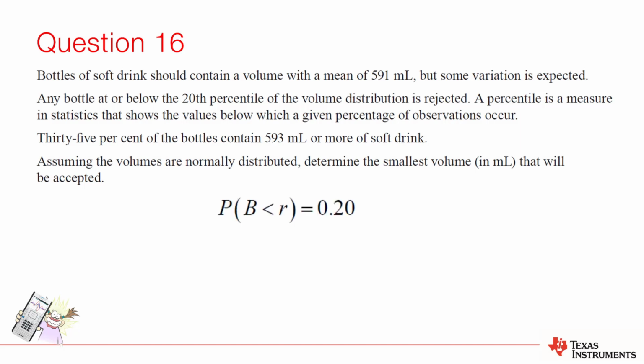Let R be the smallest value for which they're rejected. The probability of B less than R is 0.2 because 20% are rejected. So we basically want to find the z-score corresponding to the area of 0.2.